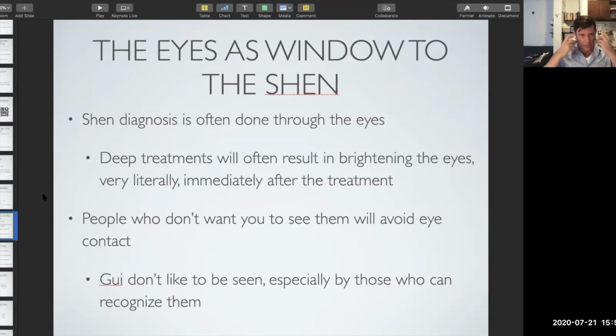One of the other ways is to make the person's eyes more brilliant, which tends to make them more attractive, not necessarily in a romantic way, but in a leadership way, in a trustworthy way. So deep level treatments where the person falls asleep, has strange dreams, has an out-of-body experience, which is decently common with good acupuncture, often they'll come out of this and their eyes will look quite different.